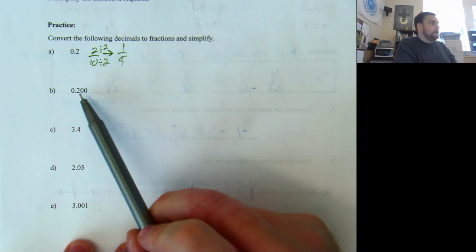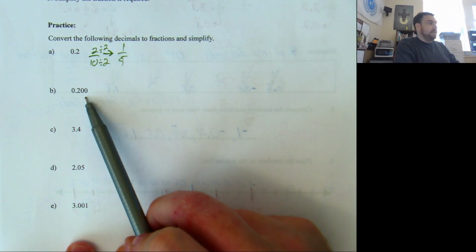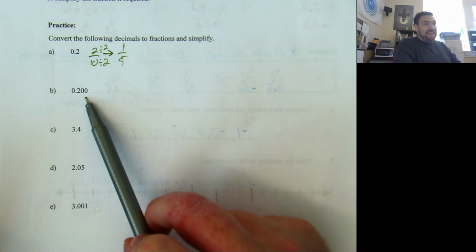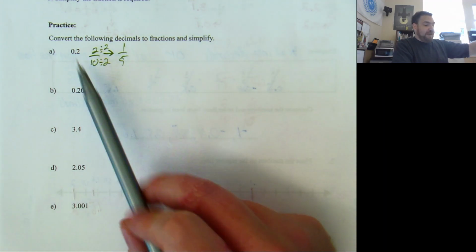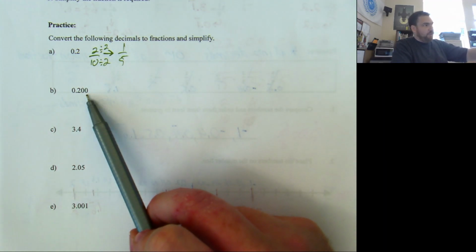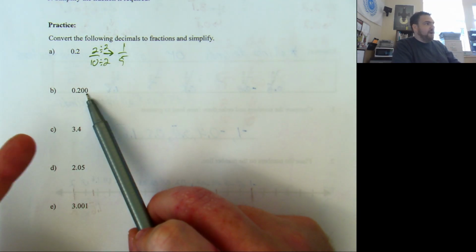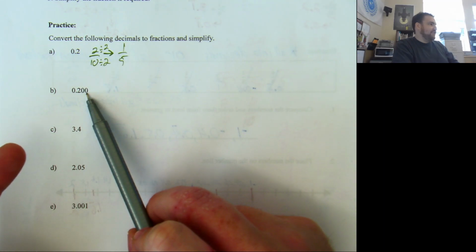Someone else. Next one. It's this. Who said it? It's almost the same. The end result is going to be the same because 0.2 and 0.200 are the same. But if we're technical, there's a 0 in what spot? Let's just show all the work. That is the 1,000th spot.